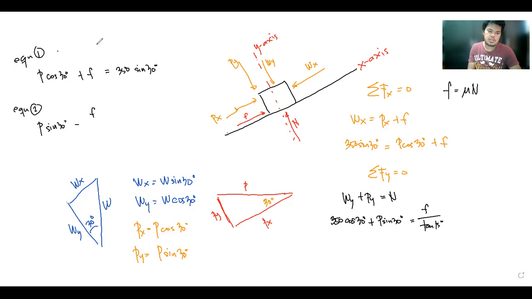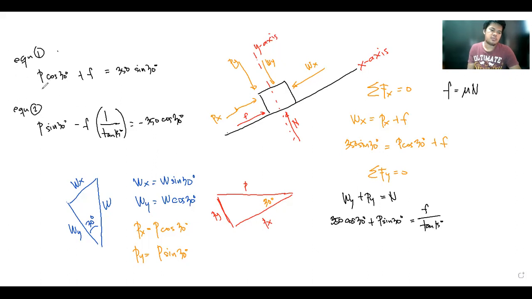So that's F multiplied by 1 over tangent 15, equal to negative 350 cosine of 30.